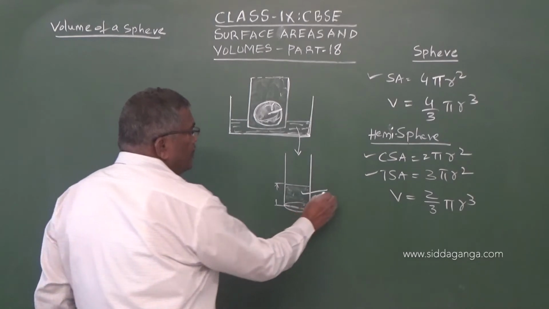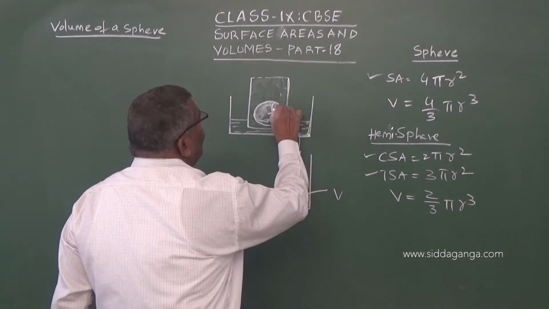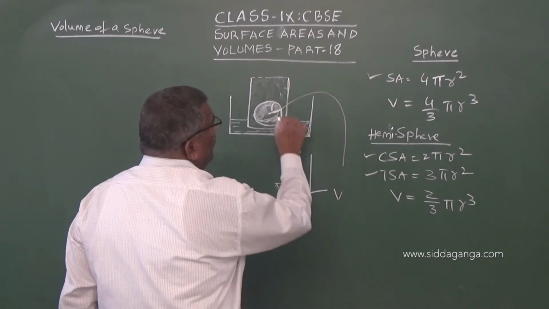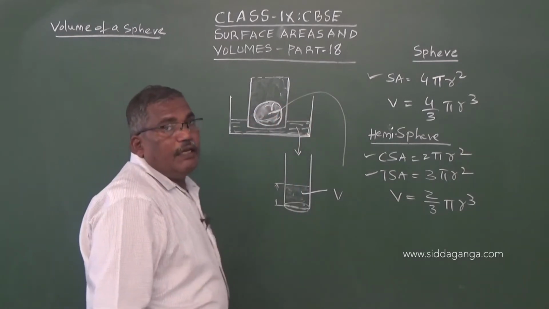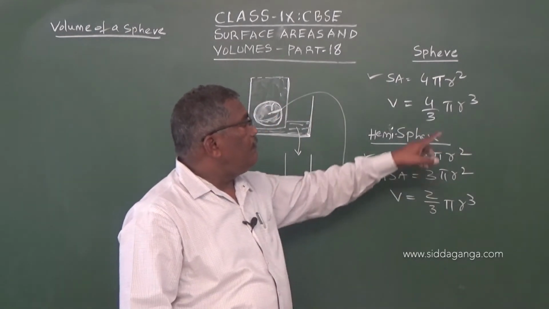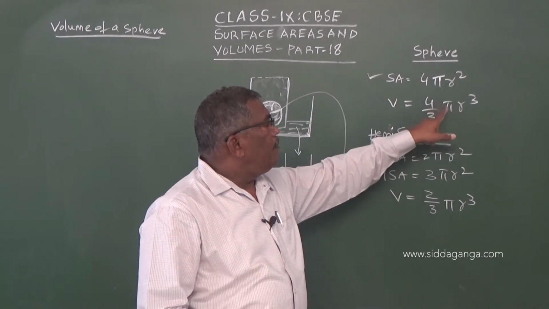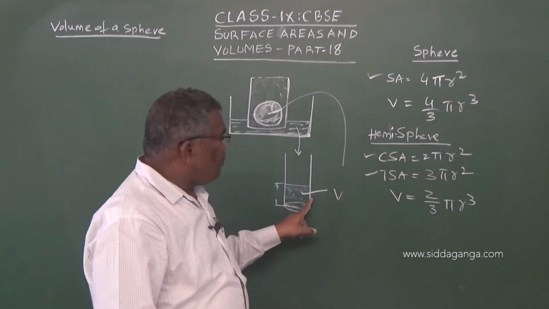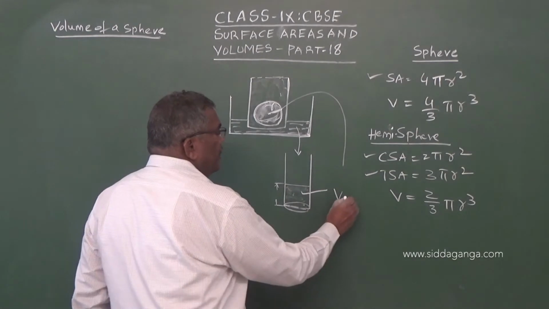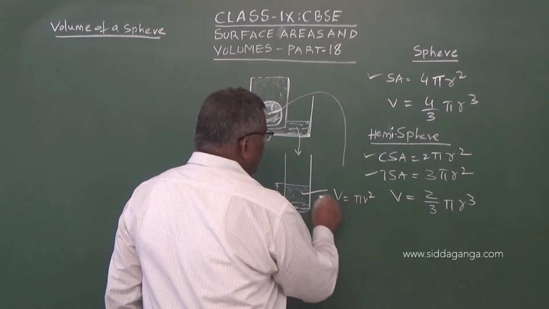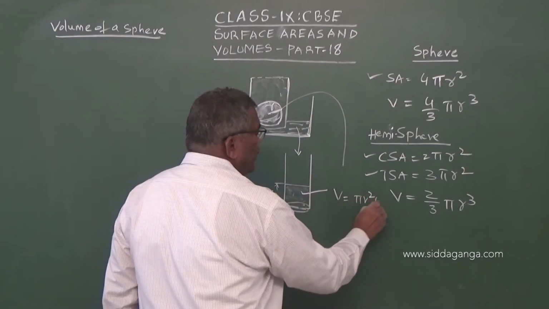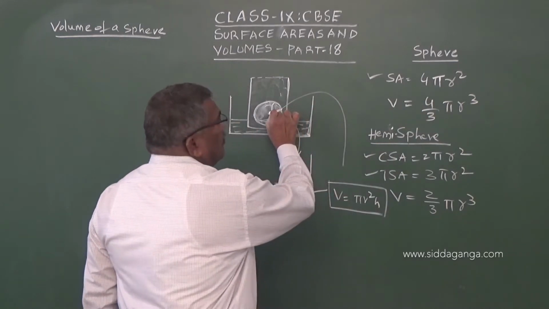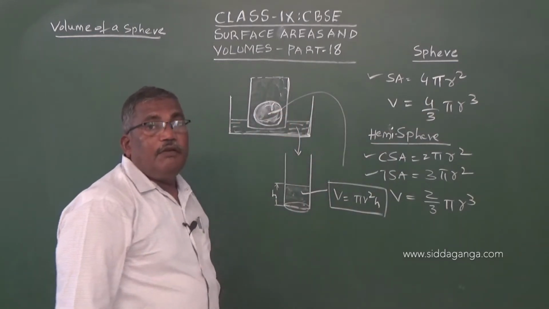So the volume of this water and the volume of this sphere will be the same, and if the volume of the sphere is calculated using the formula 4 by 3 pi r cube, this quantity and this quantity. So how do you calculate here? It is pi r square h, if this is h, you can calculate h. So this quantity and this quantity, when the radius is r, will be the same.